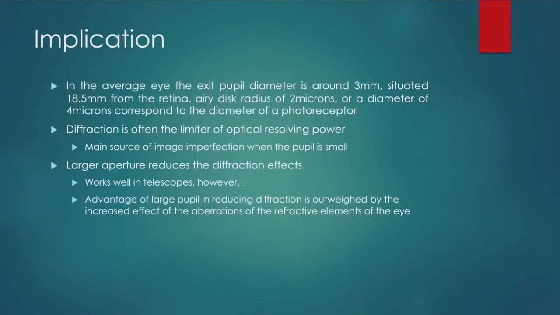In principle, it works very well in real-life applications if we can correct for the aberrations. Telescopes basically rely on this principle, where they have a very big aperture, and we can still form very sharp images because the effects of aberration are well controlled by the optical design.